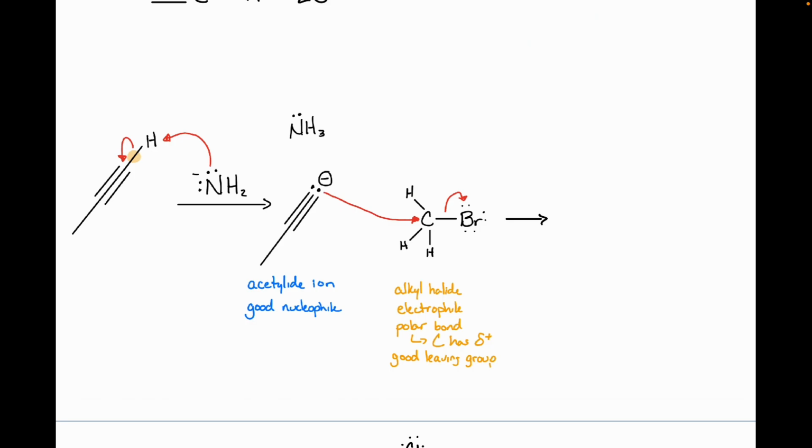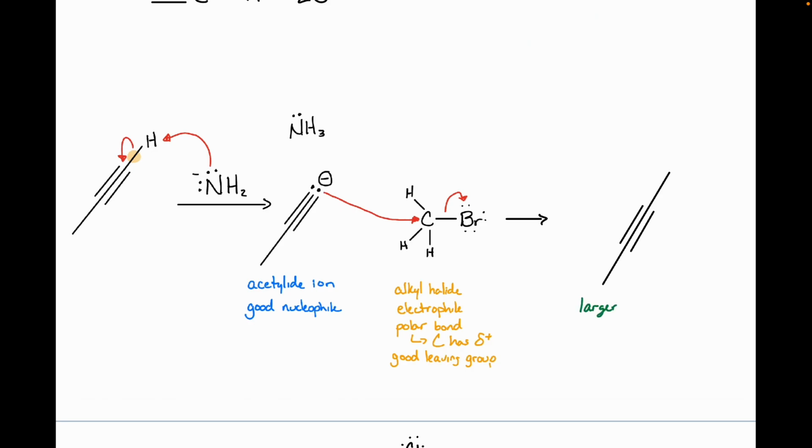How many carbons are in our product? 4, right? So we started out with a 3-carbon alkyne, and now we have a 4-carbon alkyne. Right?